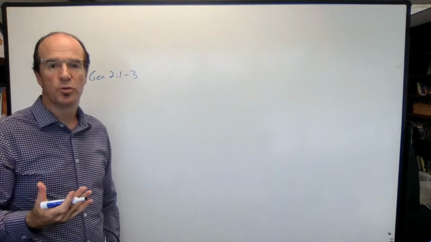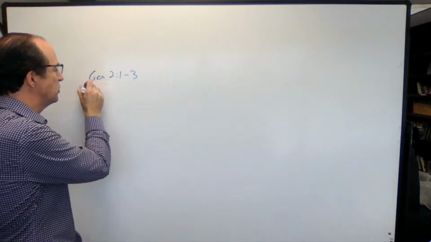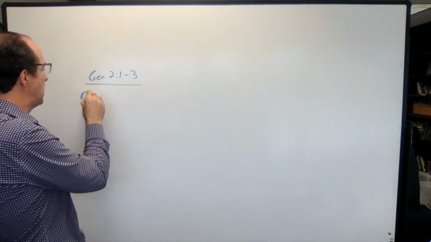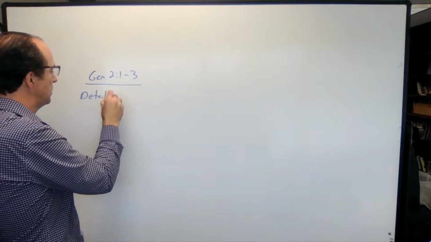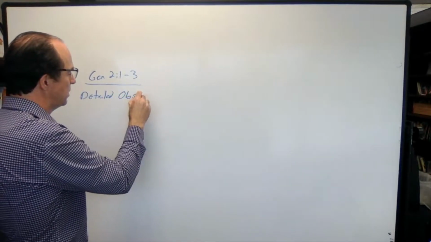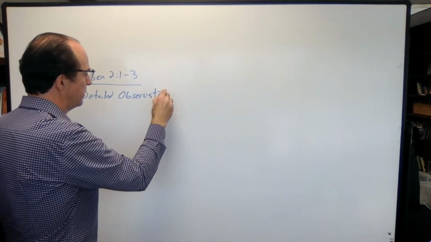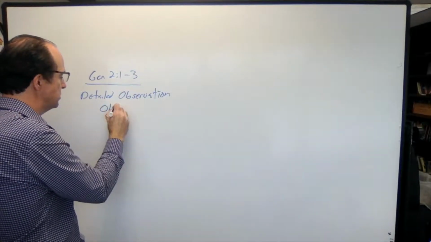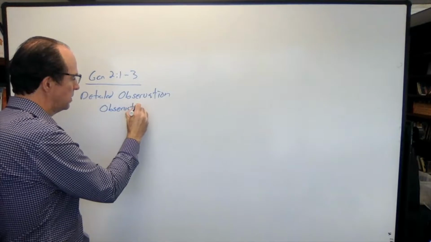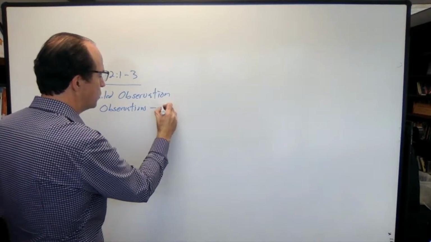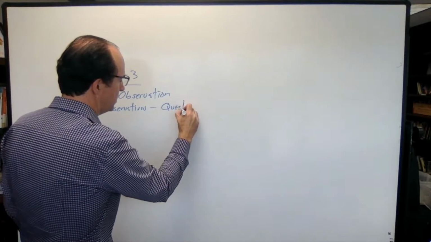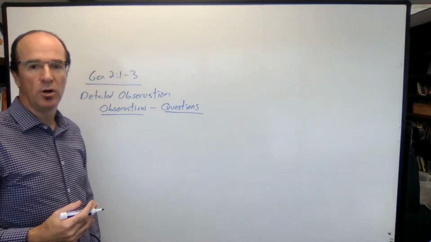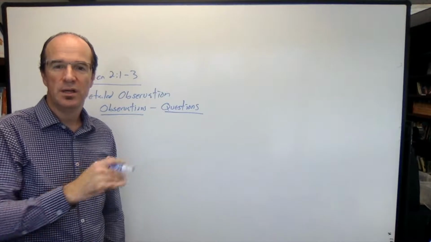How do you start an interpretation here? If you're starting just with a text, the easiest way, instead of doing a survey, is to start with a detailed observation. If you remember what that is, that's observations, and then questions, in the way that is modeled in the Bauer-Traina book, or if you've had me previously.